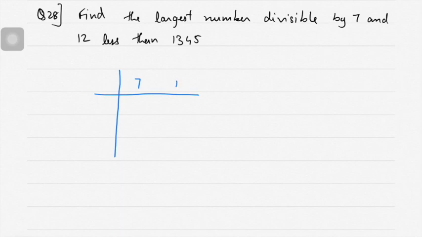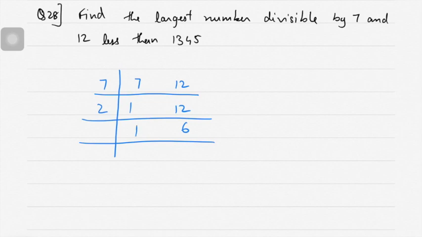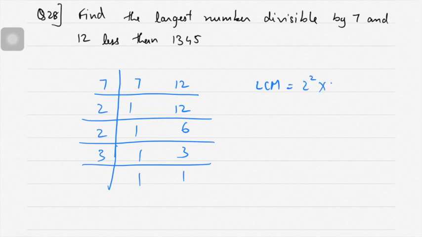Let's calculate the LCM of 7 and 12. 7 ones are 7. 12, I'll write as it is. 2 sixes are 12, then 2 threes are 6, 3 ones are 3. So the LCM is 4 into 7 into 3, which is 84.